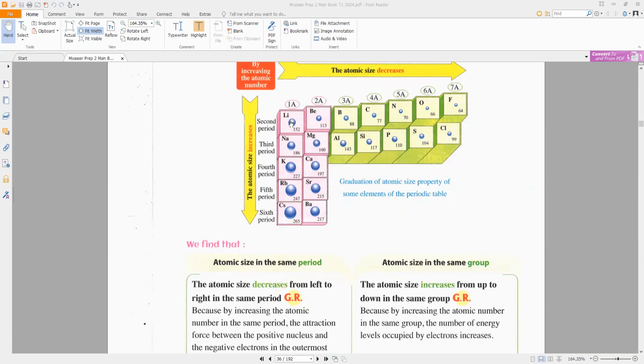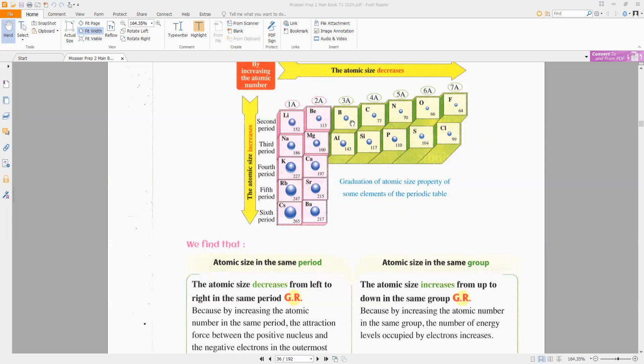In the same period, the atomic size, or atomic volume, or atomic radius decreases. Lithium has a larger size than fluorine. So in the same period, the atomic size decreases from left to right.